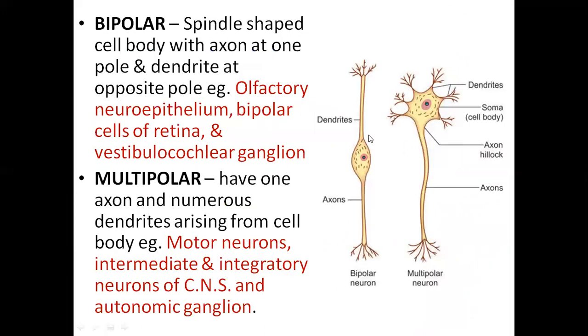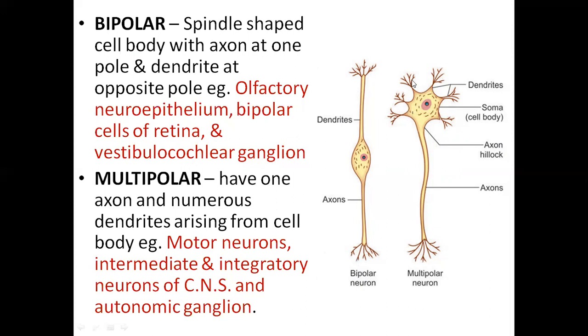If you have two different poles, and from each pole one dendrite and one axon come, it is called a bipolar neuron. Bipolar neurons we find in the olfactory neuroepithelium, bipolar cells of the retina, and vestibulocochlear ganglia.